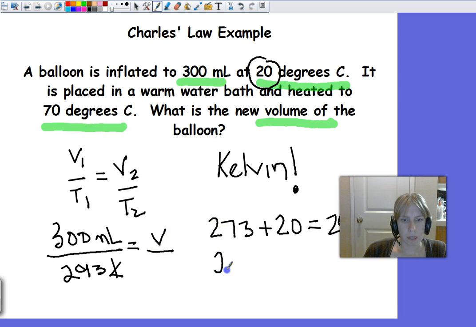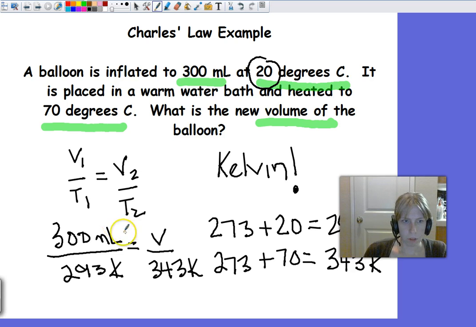And then we need to get our Kelvin degrees, because we can't use our Celsius. And that is going to give us 343 Kelvin. So I'll put that down here.